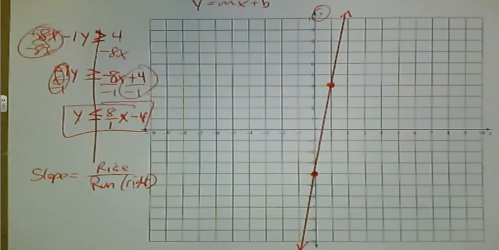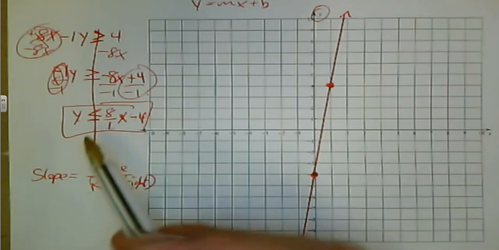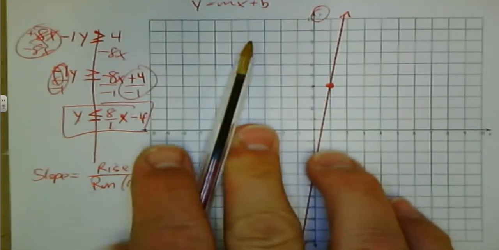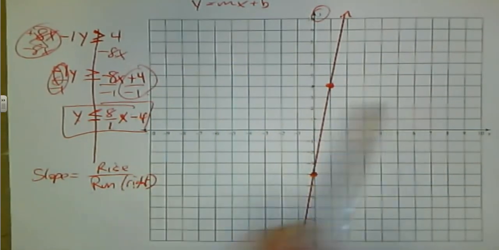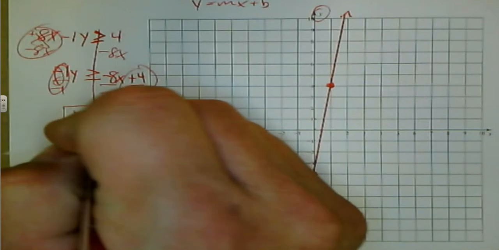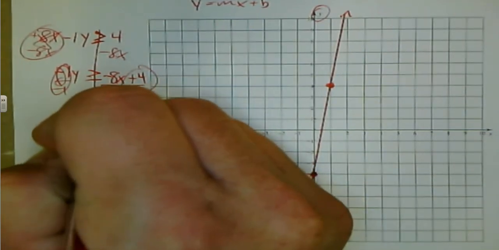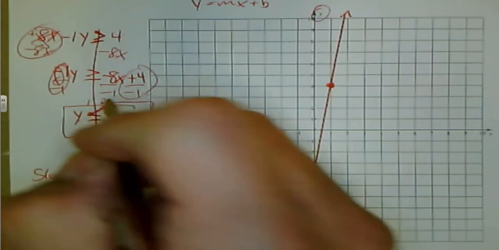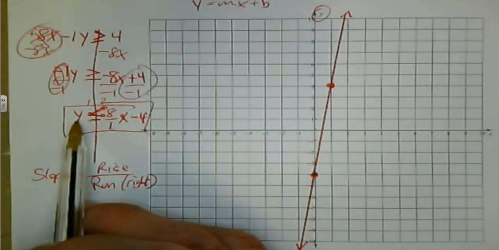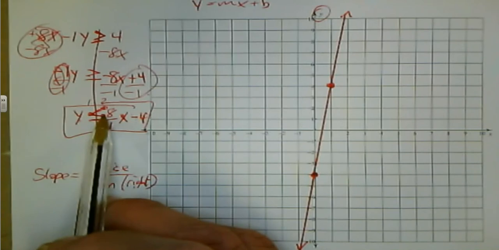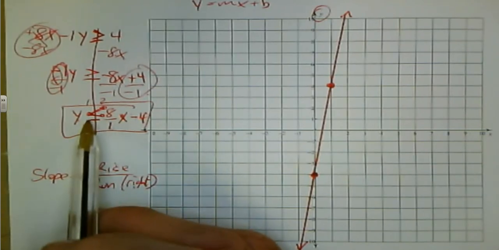Now, we have to determine whether we are going to shade on this side of the line or this side of the line. If we look at the less than symbol and we put little dots on it, there is 1 dot here and there are 2 dots here. What side is next to the y? The less or the greater? The less.